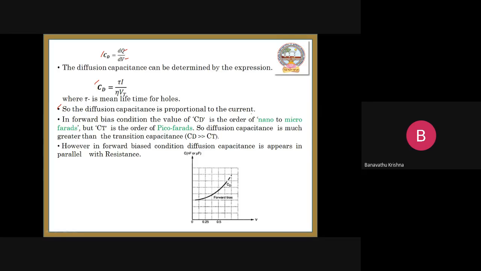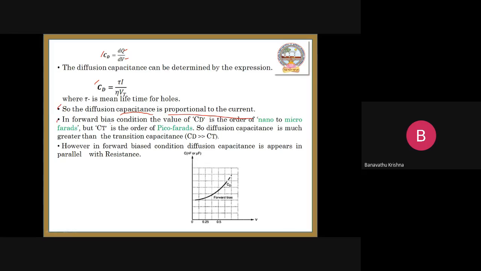As I told you in previous classes, when the diode is in forward bias condition, current is generated, and it increases as we vary the forward bias voltage. So here also, the diffusion capacitance is proportional to the current.